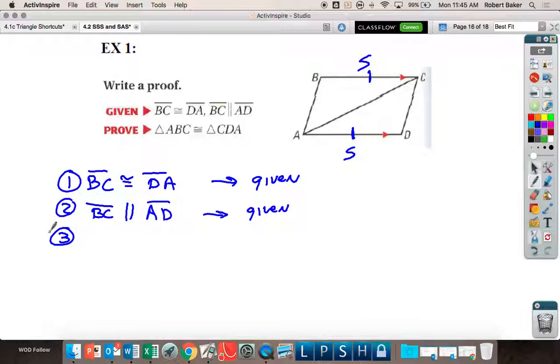Now, what is the next most glaringly obvious thing that you see? There's angle, side. You see it? I see this part right here. So it's going to be a side. AD is congruent to AD.